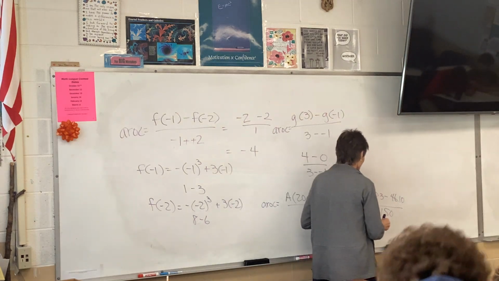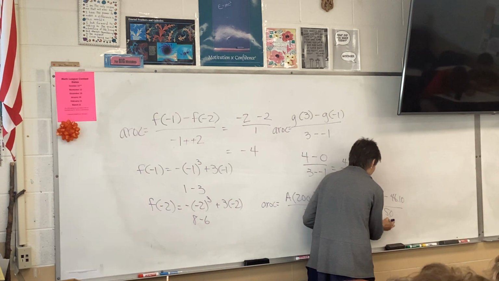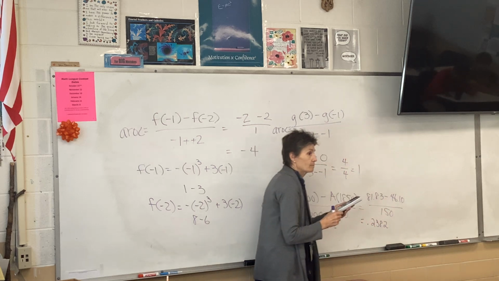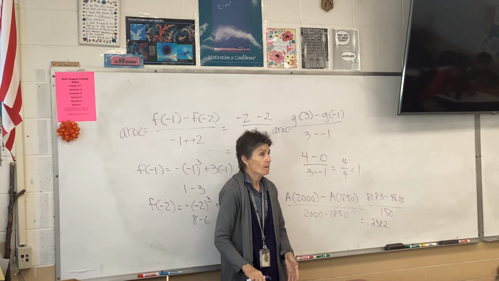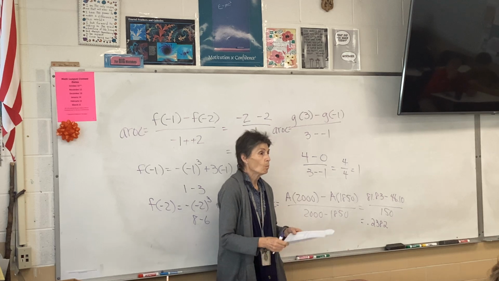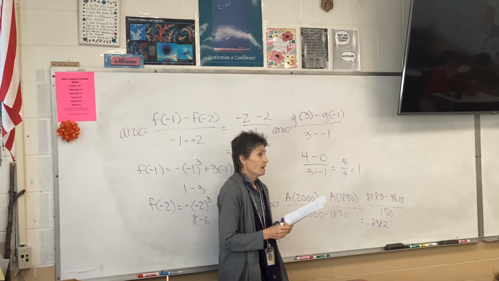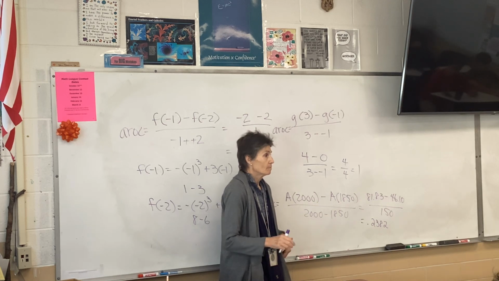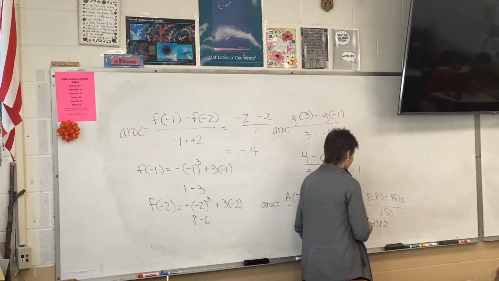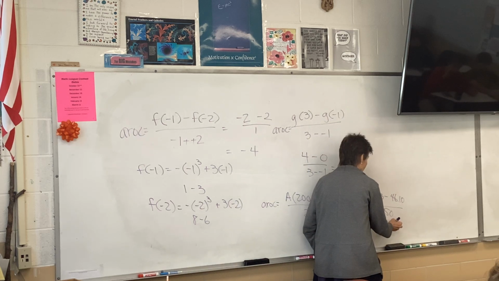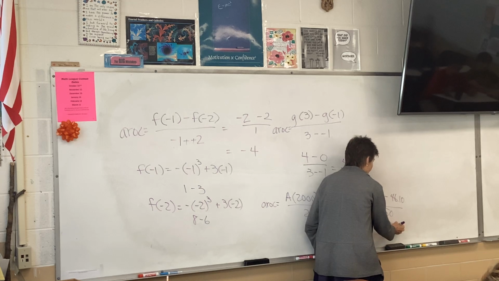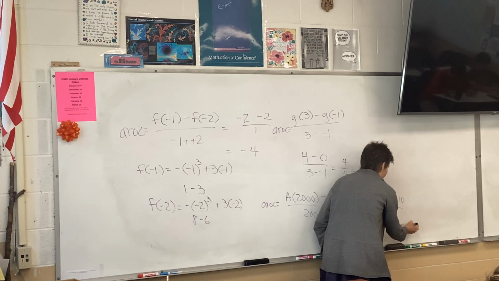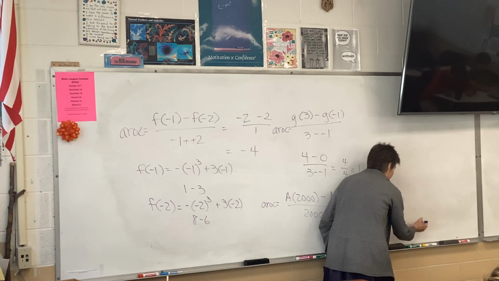Did you get 0.2382? Yeah. Now, does this problem have a context? Yep. So what will be our unit? This one's a little bit tricky. So 0.2382 age years, or I don't know what else to call it, per year, elapsed year or something.